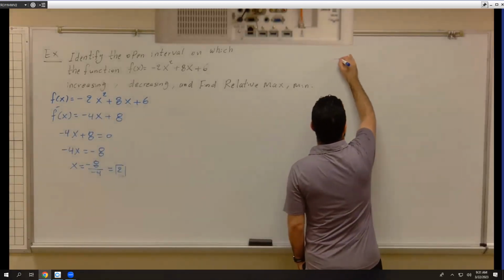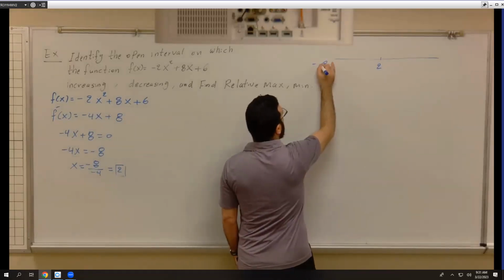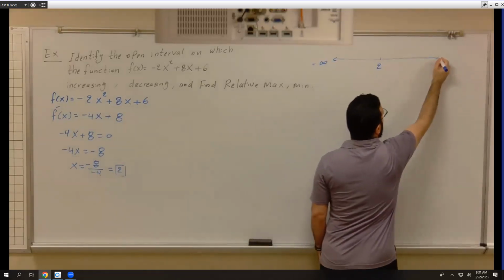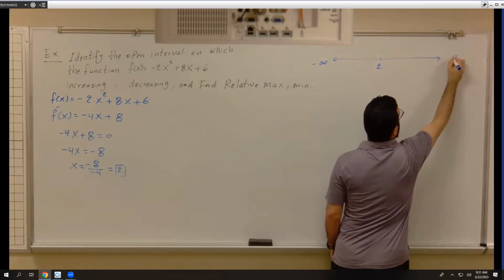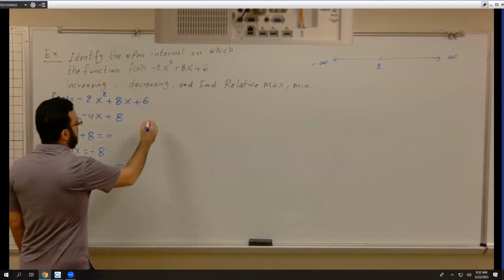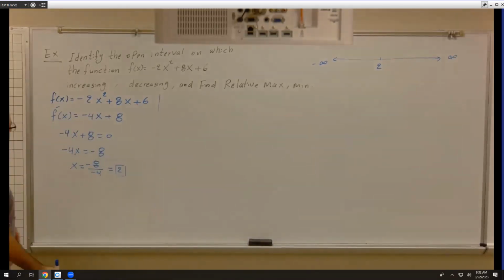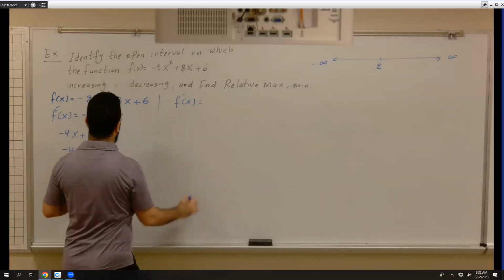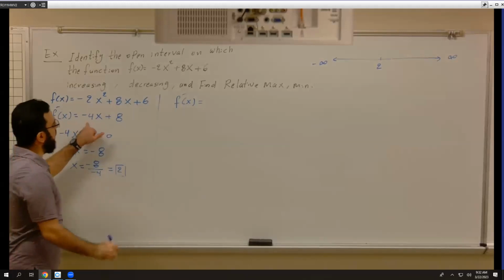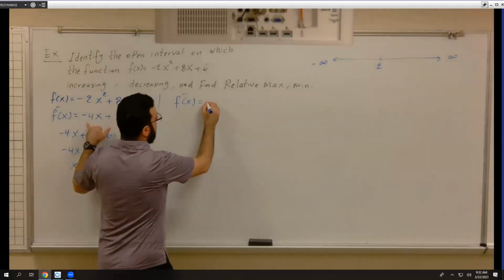But here is the graph. Here's 2. I already know this is negative infinity, and this is positive infinity. Next step, we need to check the intervals. Here is my derivative, negative 4x plus 8.